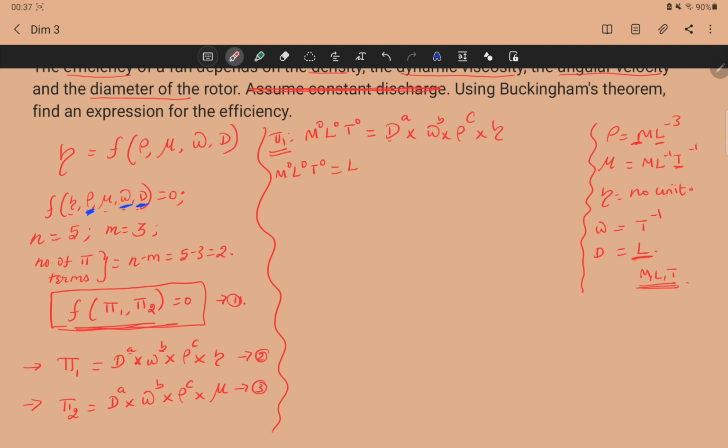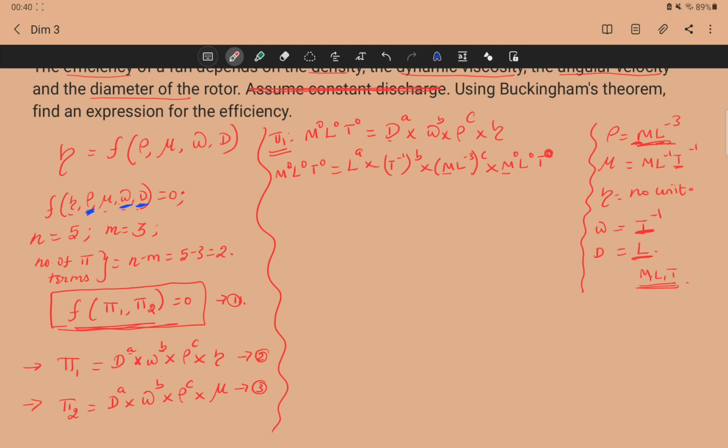We have it as L. So L power a times omega, which is T power minus 1, to the power b, times rho, which is M L power minus 3, to the power c, times efficiency, which has no dimension, so I can just write it as M power 0, L power 0, T power 0. It doesn't really make any difference whether we include it or not.